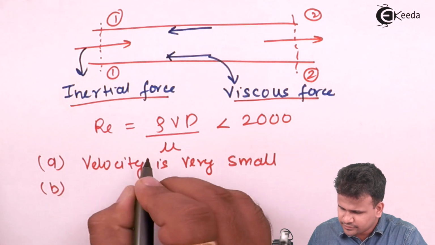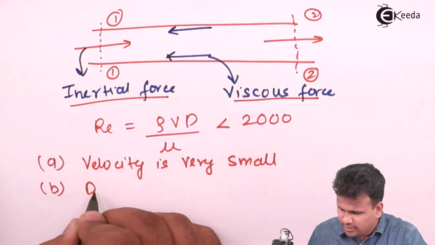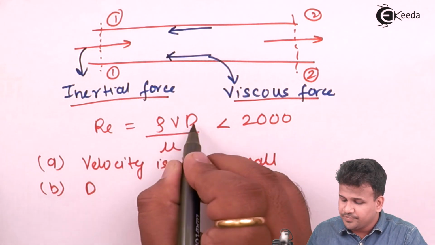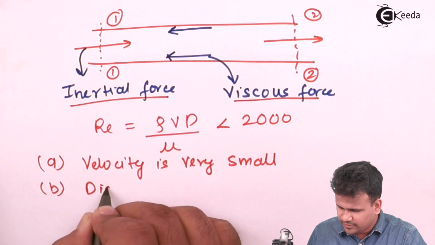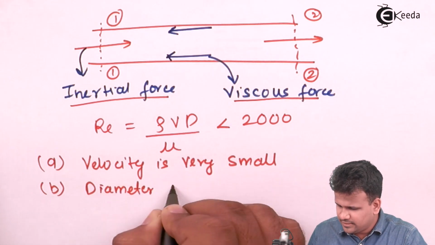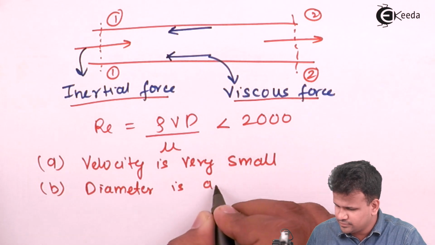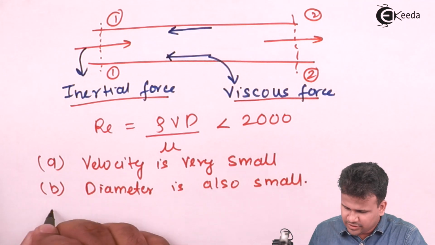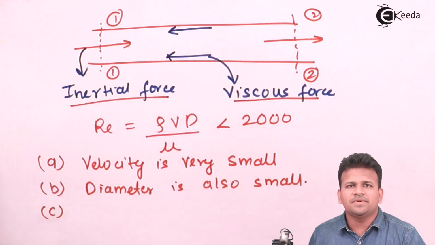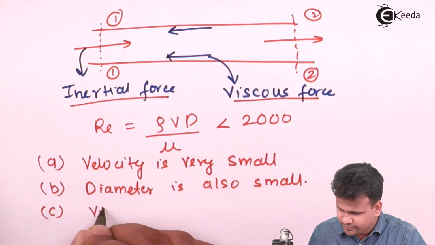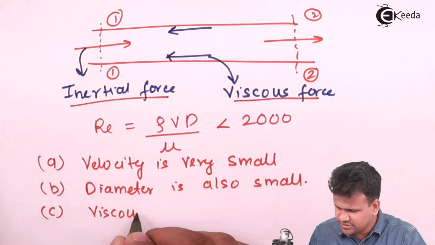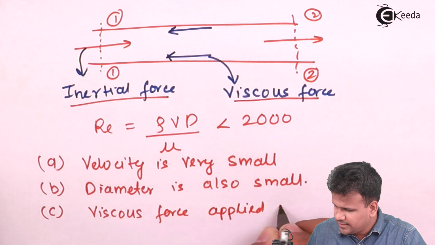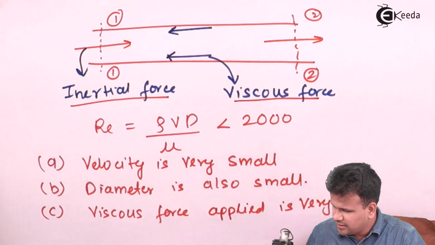Second, the diameter of the pipe is also small. And the third condition for laminar flow is that the viscosity of the fluid, or viscous force applied, is very large.